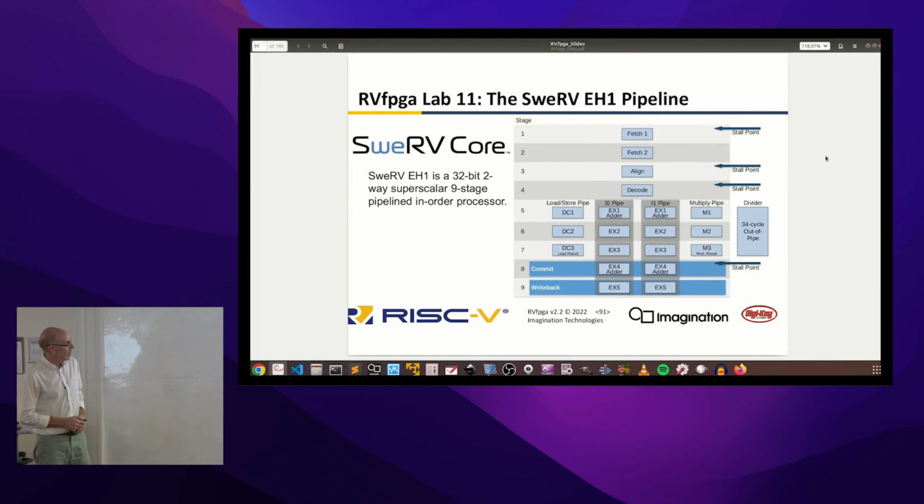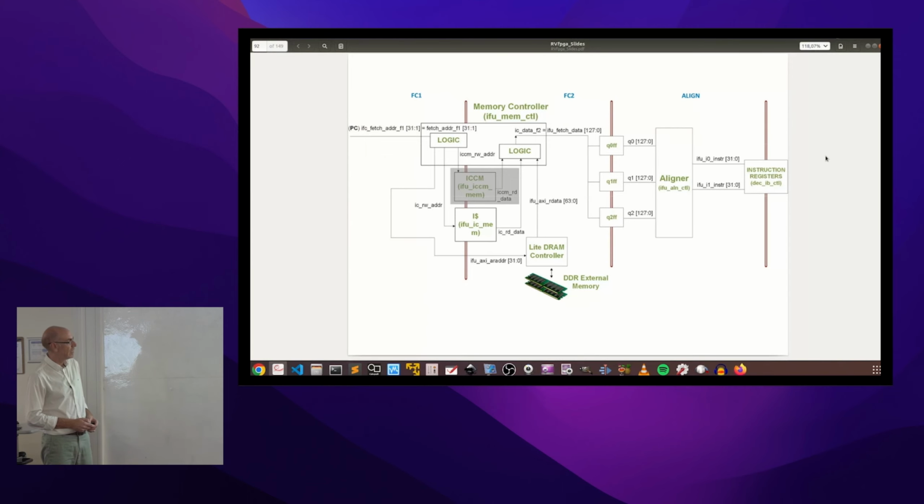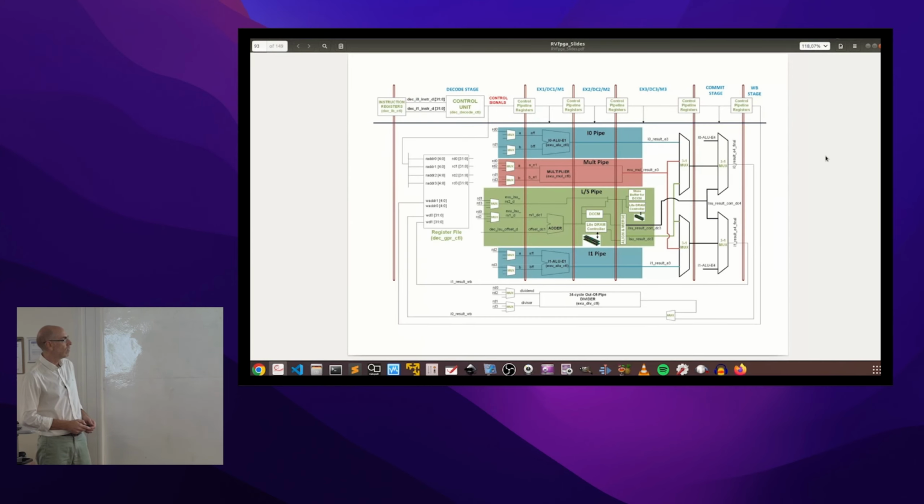This is the figure provided by Western Digital for SweRV EH1. SweRV EH1 is a 32-bit, two-way superscalar 9-stage pipeline in-order processor. It's an in-order processor. So this is a high-level diagram. And in this lab, we include more detailed figures for the core.